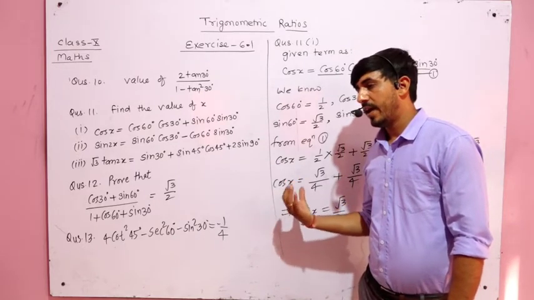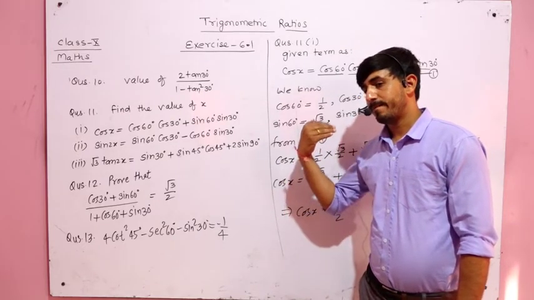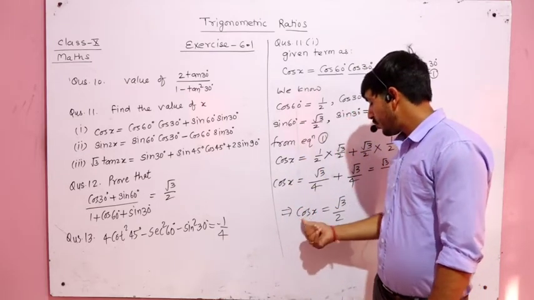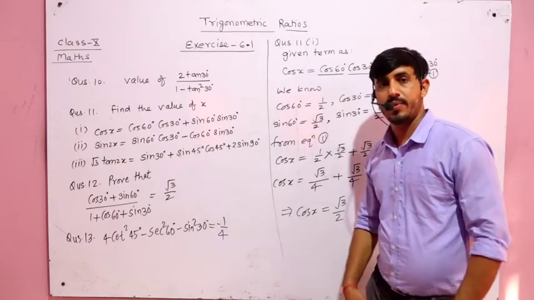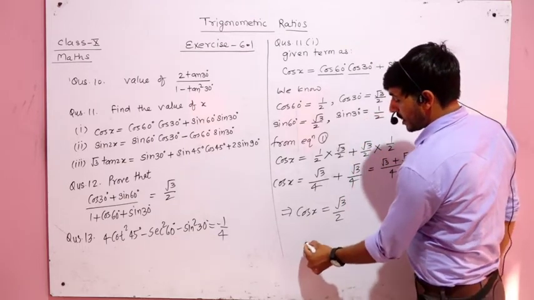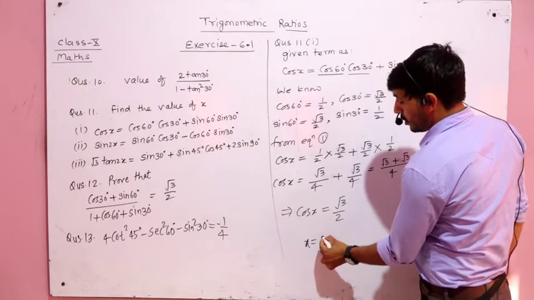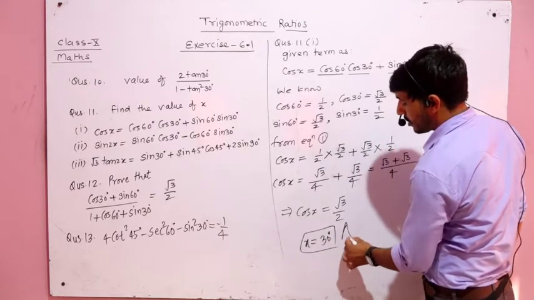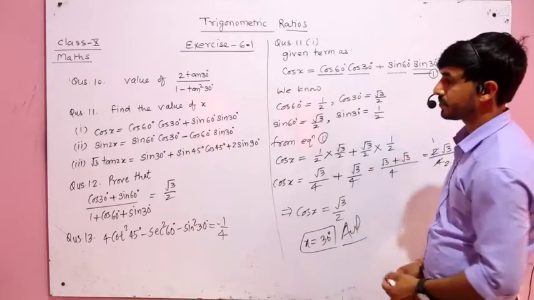In the table, at what value of the angle are we finding cos theta is equal to root 3 by 2? As we can think, x is equal to 30 degree. As you can see in the table, that is the answer. You can write.